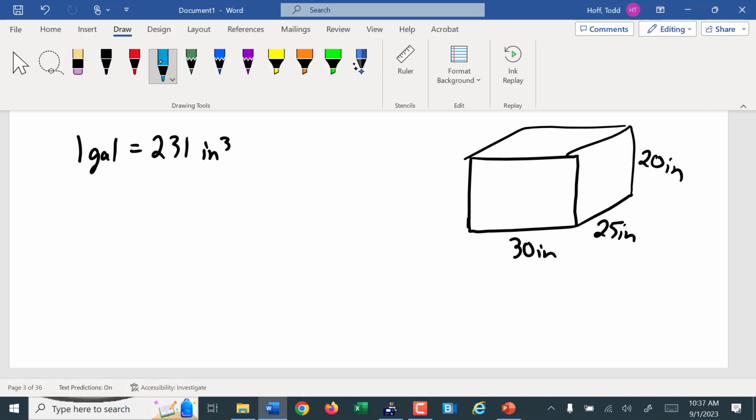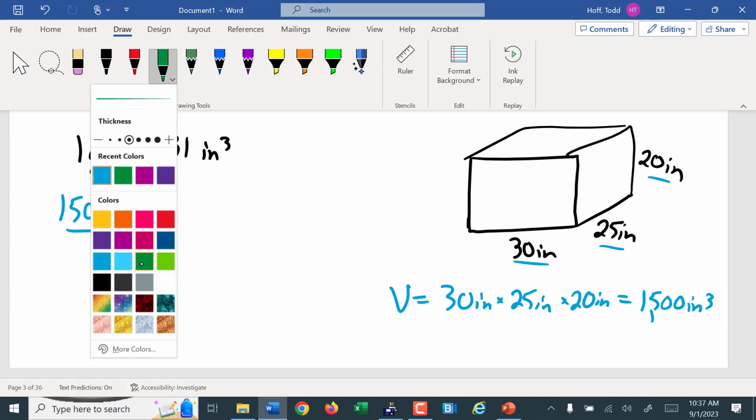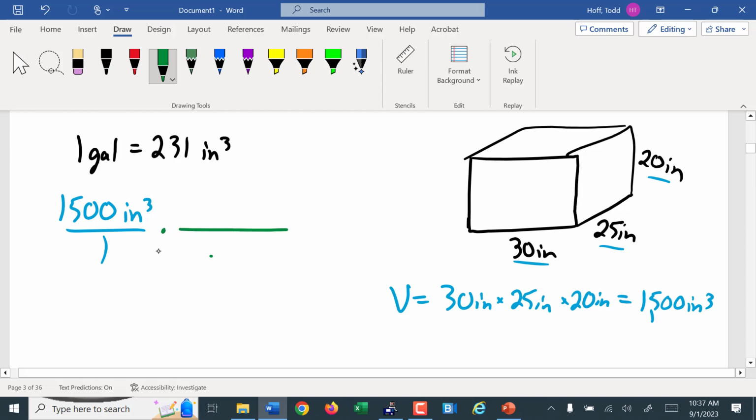So if I want to know how many gallons are in this tank that has interior dimensions of 30 inches by 25 inches by 20 inches, I'll find that volume. 30 inches times 25 inches times 20 inches gives us 15,000 cubic inches. But now I have to convert that into gallons. So I'll put my cubic inches over 1, and I go through the conversion factor.